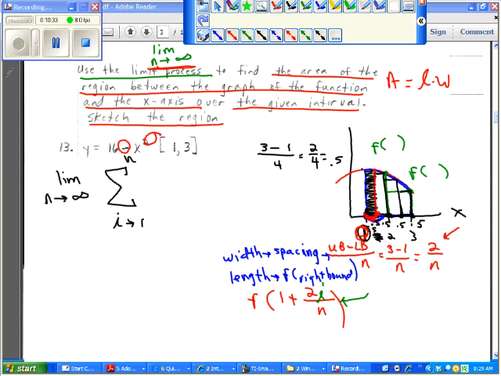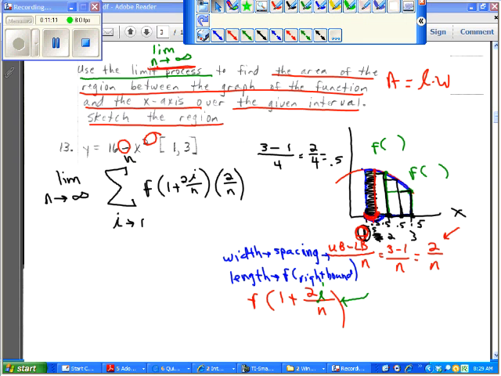Of my formula, which is the length of each rectangle, 1 plus 2I over n, times the width of each rectangle, which was that 2 over n. So we have created a summation formula that will give us length times width of every rectangle into infinity, and we can find the exact value under that curve. Okay? We see we got our equation.